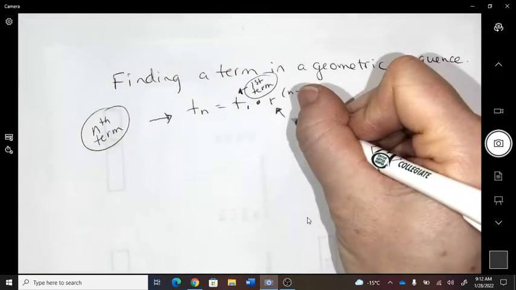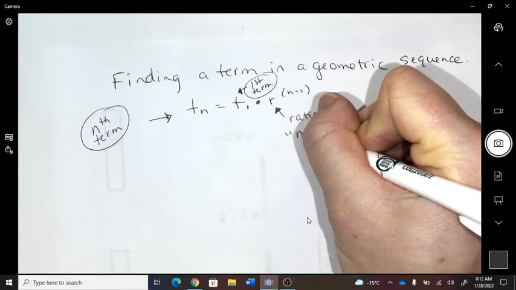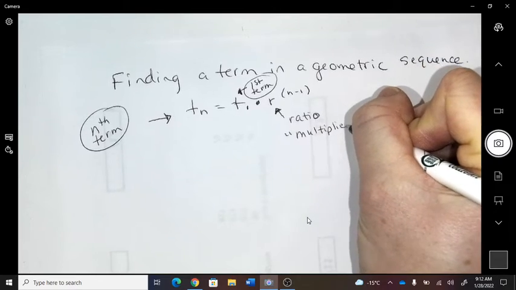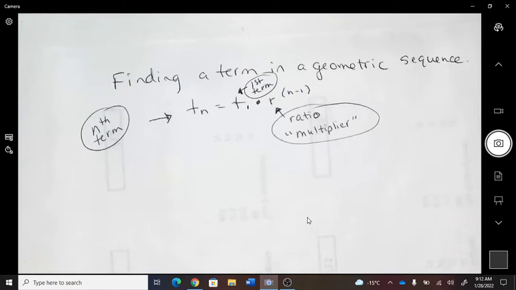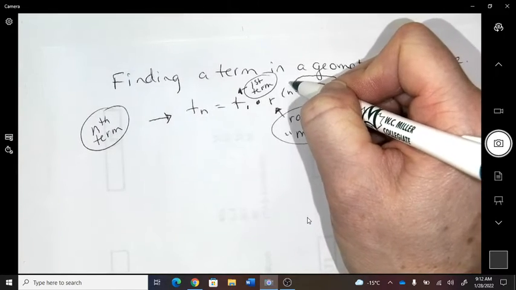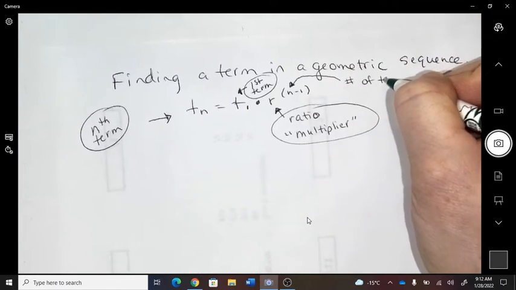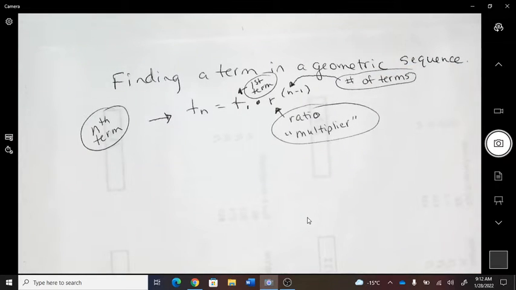This time we have an R. It's the ratio, which yesterday I called the common multiplier. And the n is the number of terms. So if I'm asking you to find the 10th term, that's what that is, 10.